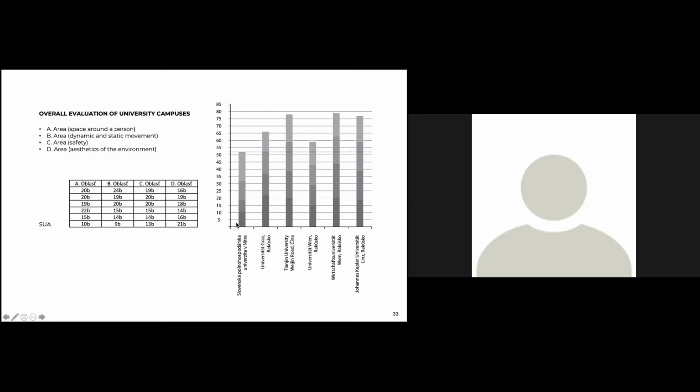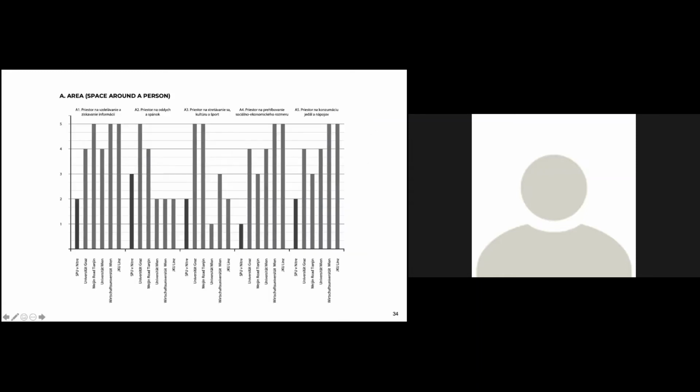And at the end of the list is our university campus in Nitra. We did pretty well in the last category, which was the aesthetic category, but we were in last place in the first three categories: space around the person, dynamic and static movement, and safety.